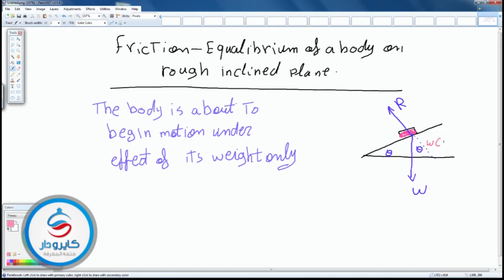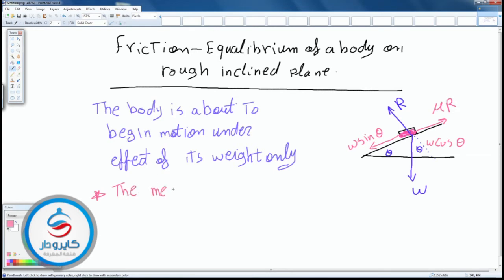This is W cosine theta, and this is W sine theta. So the motion according to the effect of the weight must be sliding downward along the inclined plane. Then that means the friction force must be in this direction. Okay, نخلي بالنا من شوية نوتس كده مهمة جدا.